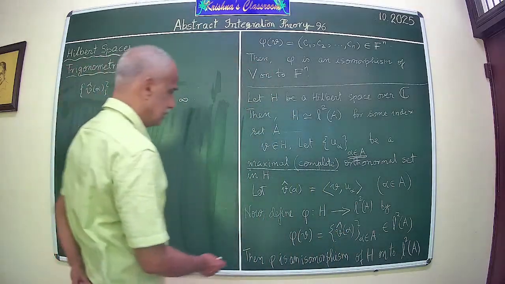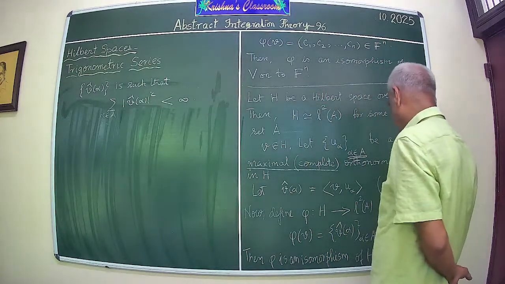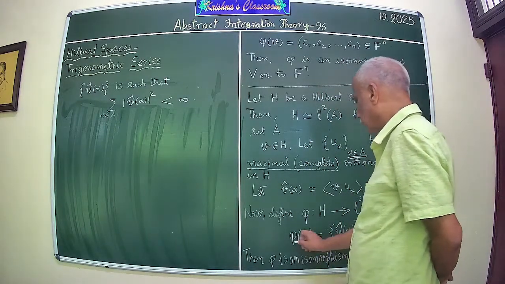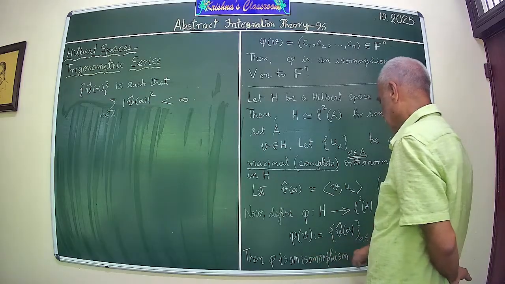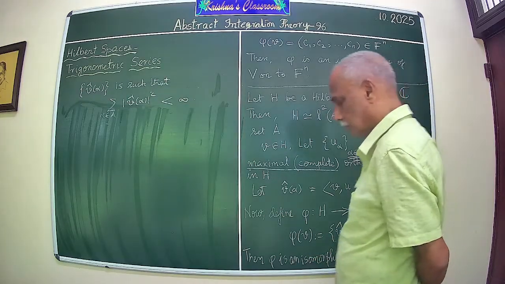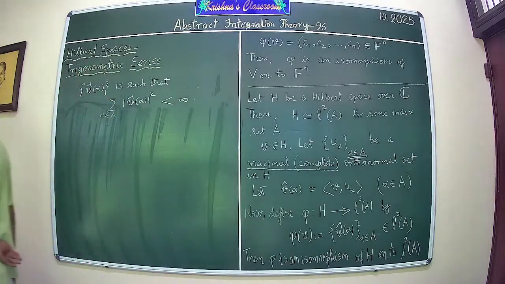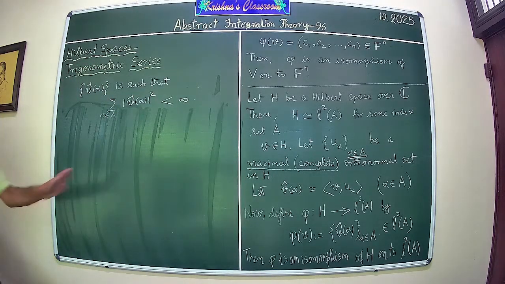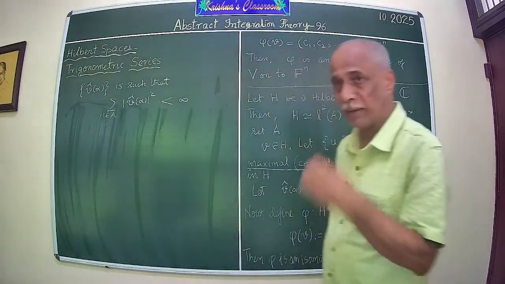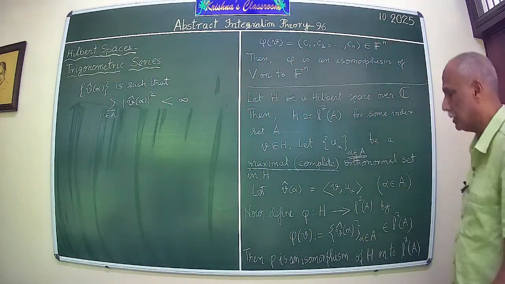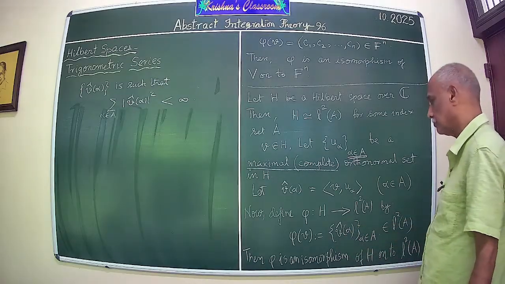So what we have proved is that this phi, defined by this, is an isomorphism. An isomorphism is essentially a one-to-one onto map, and these are two linear spaces, so it's a linear map. Moreover, it's also a Hilbert space isomorphism.